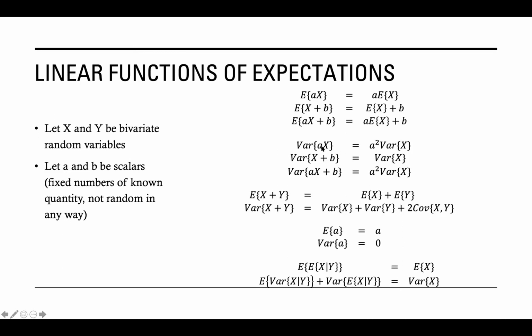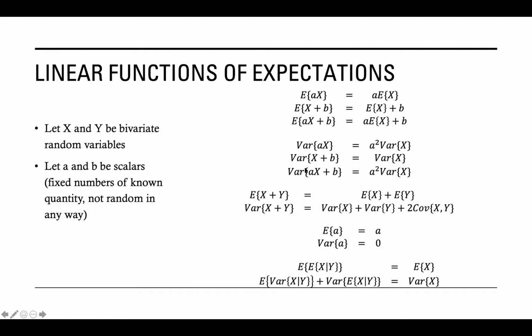So a times a random variable has variance a squared times the variance of the original variable. If you add a number to a random variable, though, it doesn't change the variance at all. Taking a random variable and adding something moves the mean, but leaves the variance the way it was. Doesn't change how fat that random variable was.